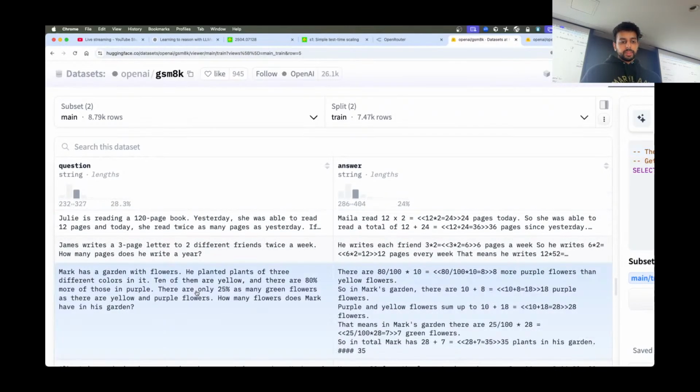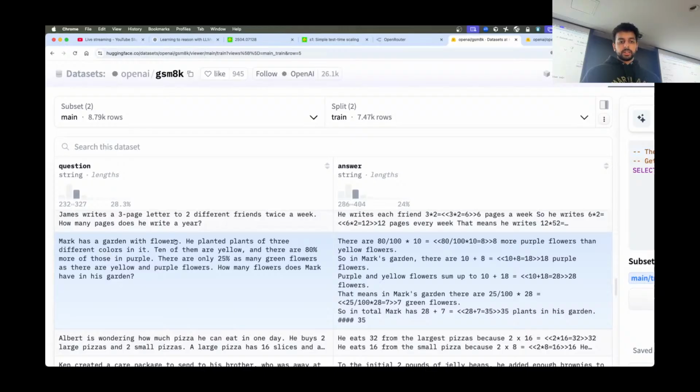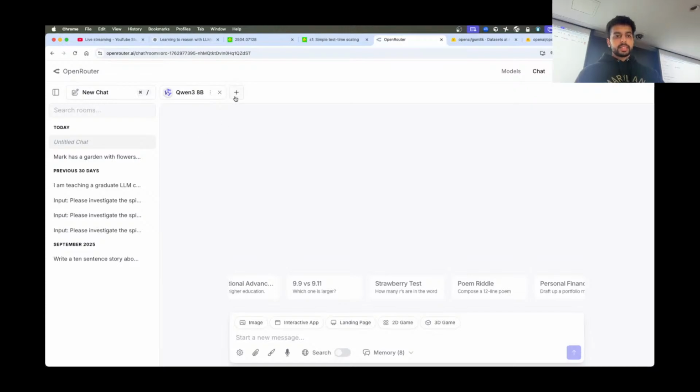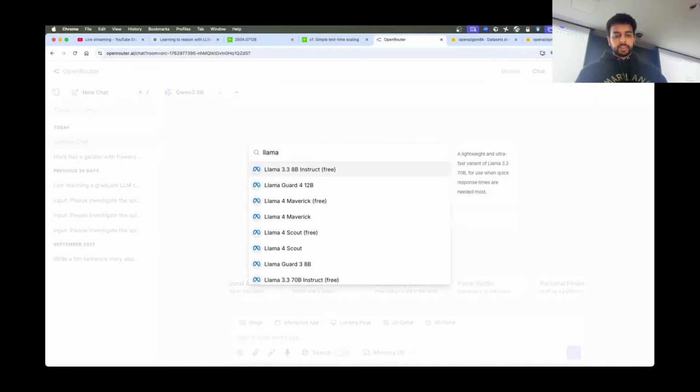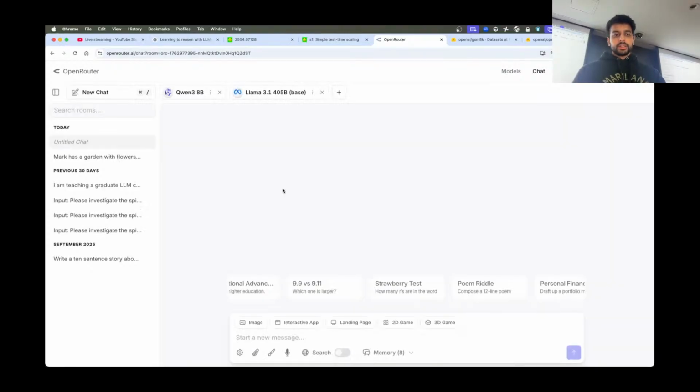So we can look at this one here, which is a little more complicated. Mark has a garden with flowers. He has three different colored plants in his garden, 10 are yellow, and so on. You can see that the answer has some step-by-step reasoning, and the final answer is 35. So if we put this into the large pre-trained model here, this is our best pre-trained model that we have on OpenRouter.